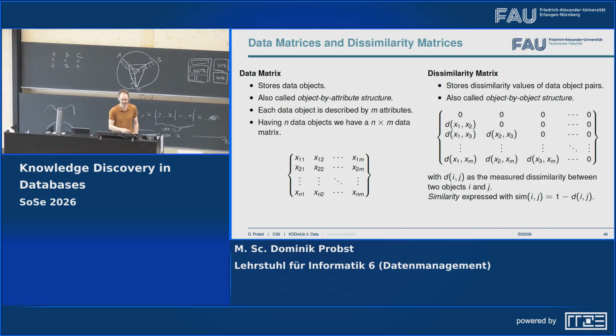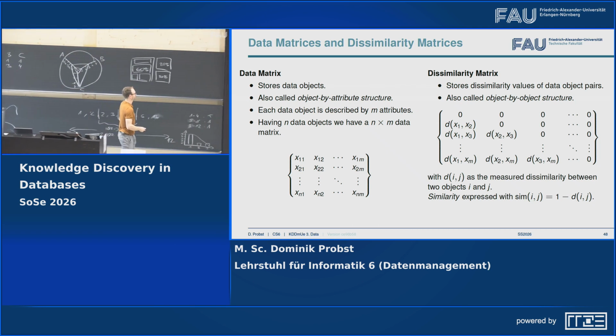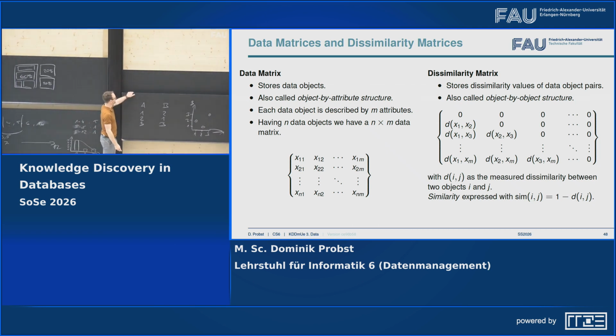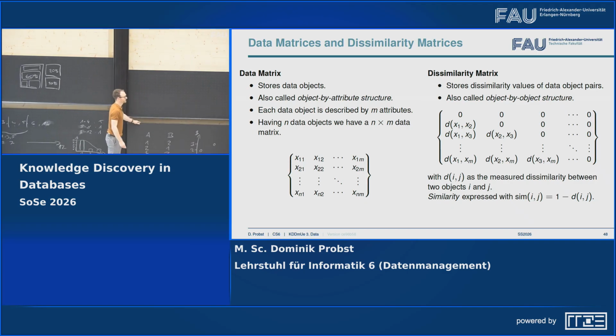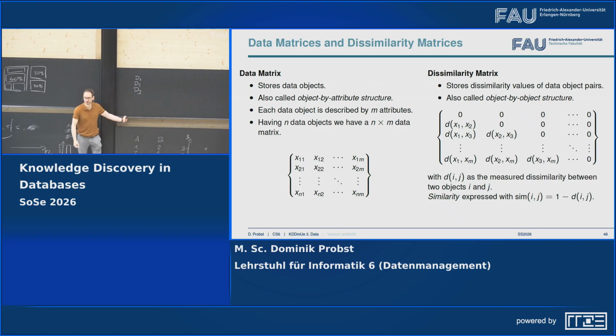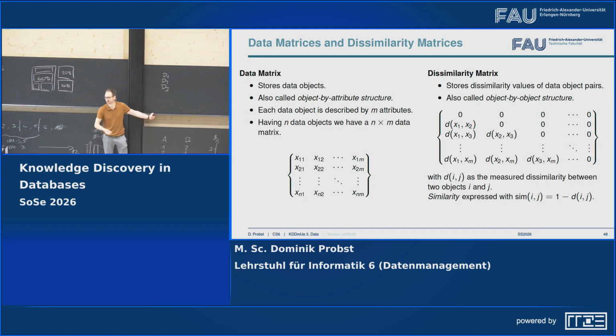A dissimilarity matrix is simply comparing multiple data objects against each other. Again, let's say we have data object 1, data object 2, data object 3, and we want to compare these similarity or dissimilarity wise.